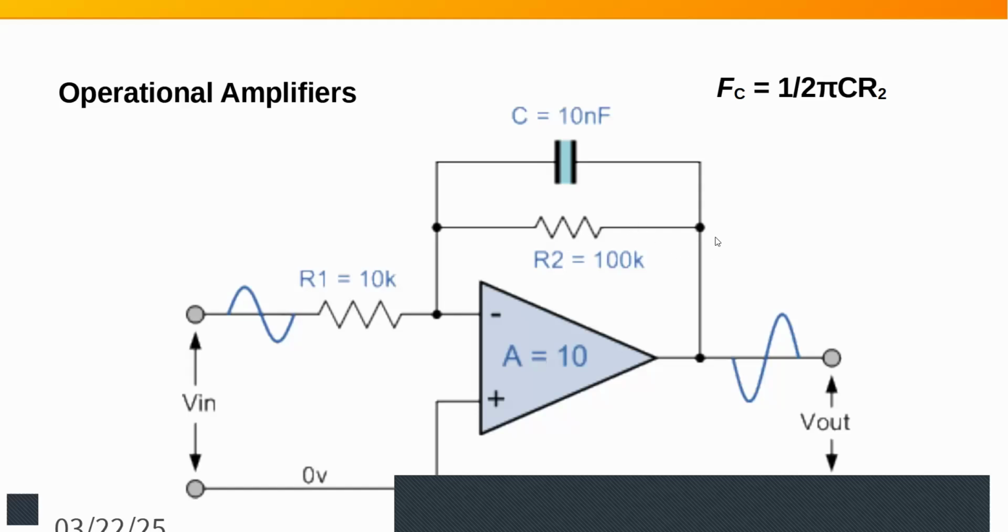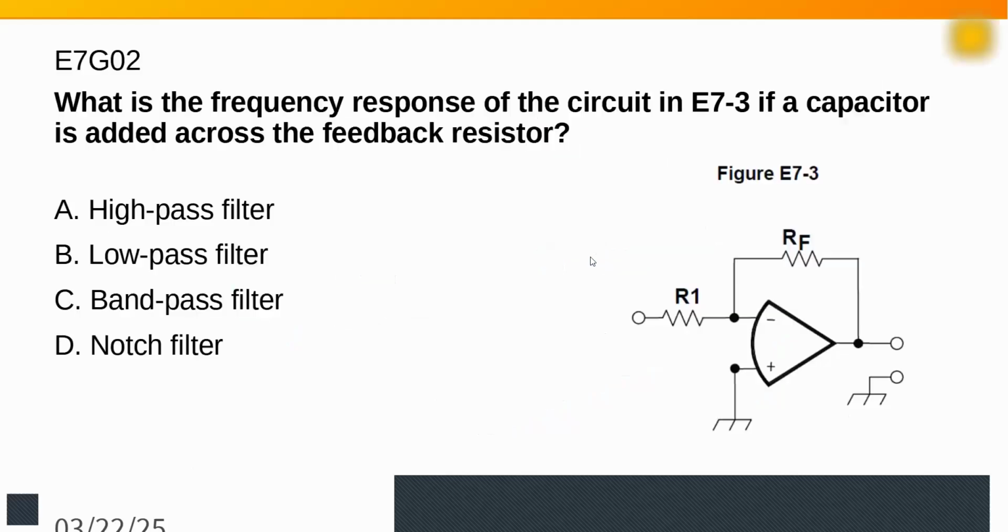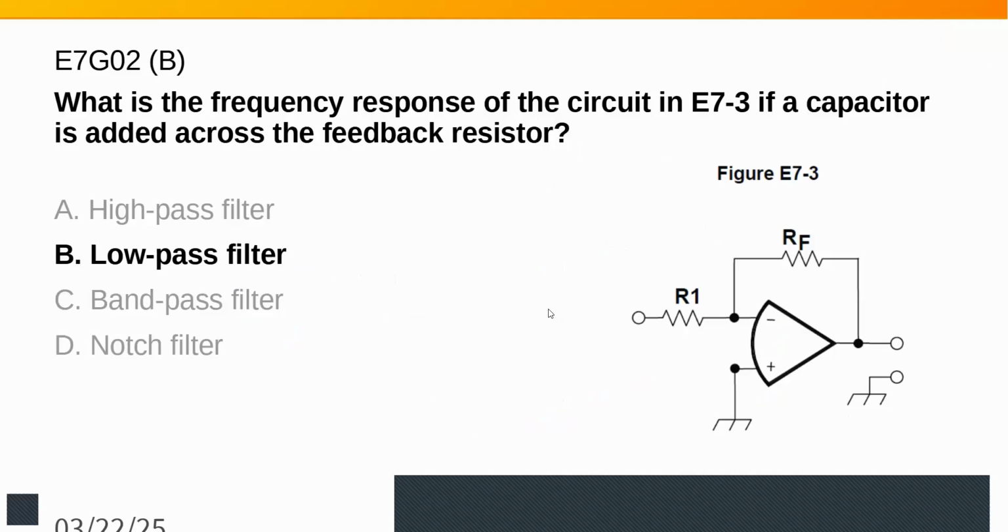So the higher the frequency, the less resistance in that ratio. So in this case, is it Alpha, Bravo, Charlie or Delta? Because at low frequency, the capacitor doesn't have any effect, so it's still the same gain. But as the frequency goes up, the gain starts dropping, which is what a low pass filter does.